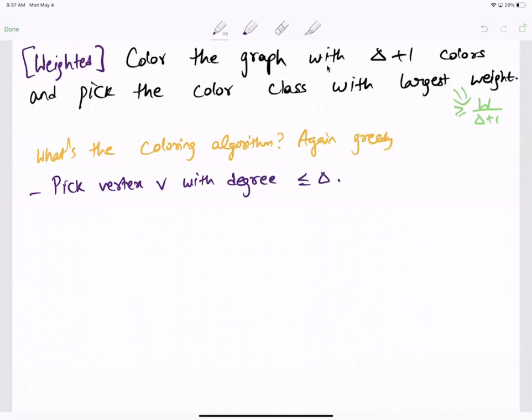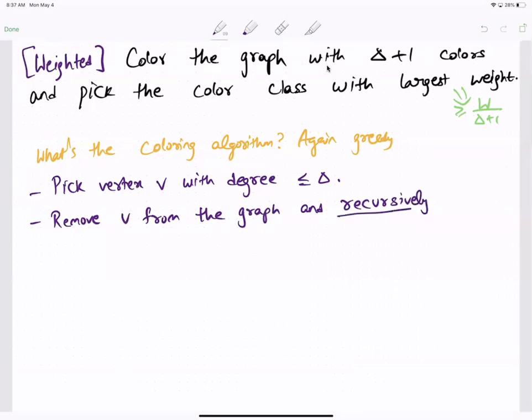We are guaranteed the existence of such a vertex. So you remove V from the graph and recursively color the graph. Whatever is remaining, you remove the vertex V and of course all the edges corresponding to it. Now you recursively color the graph.